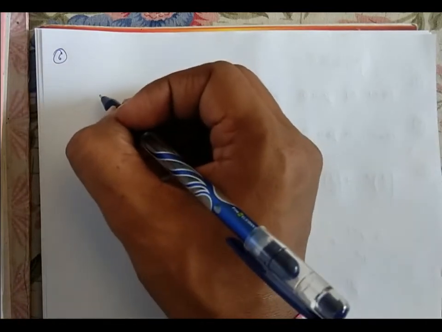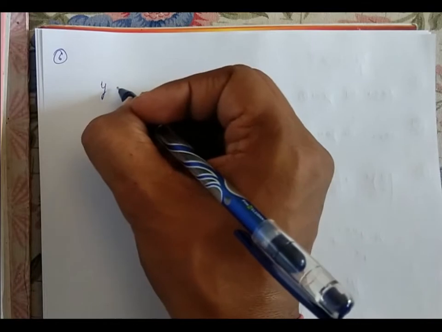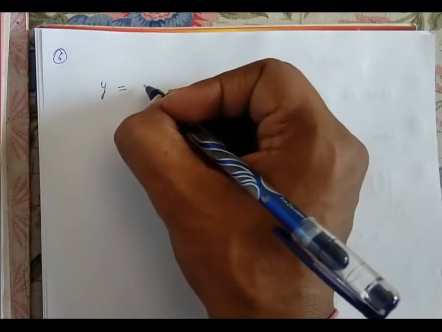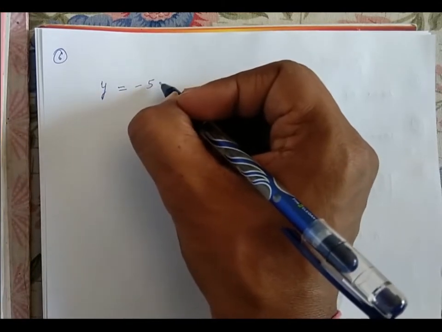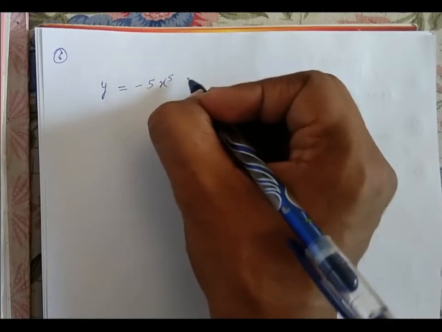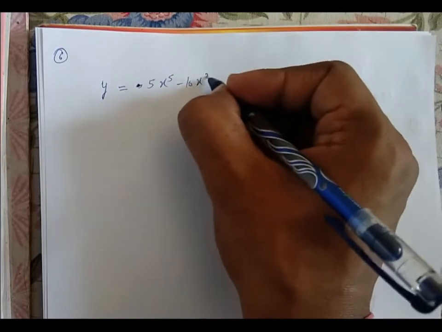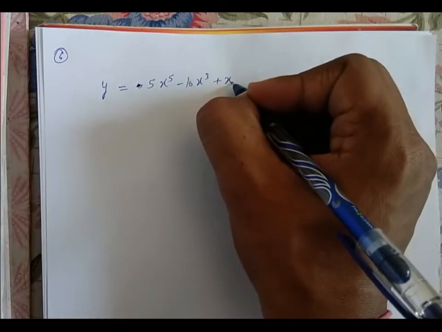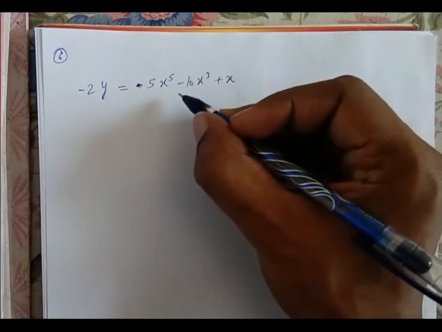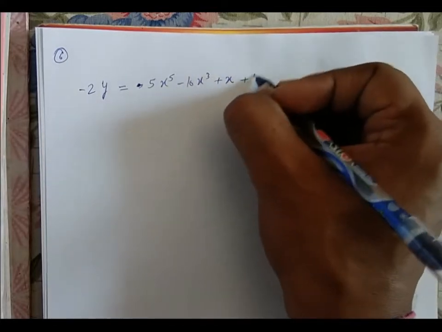So minus 2y is equal to 5x power 5 minus 10x cube plus x plus 6.